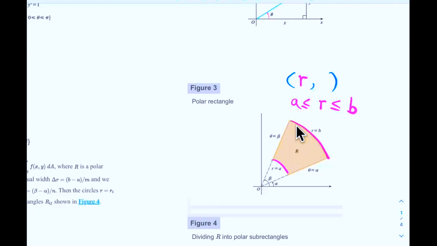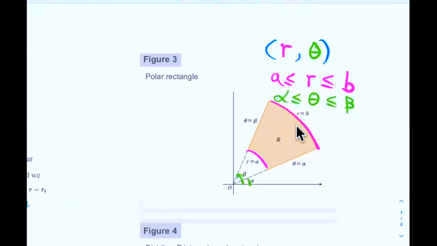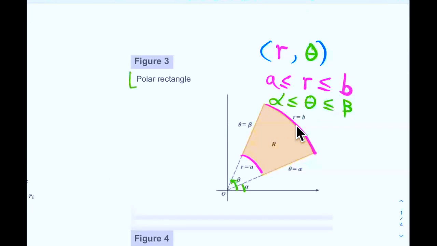The second coordinate is theta, the central angle theta. Theta over here goes from alpha to beta. This angle over here. And this is a polar rectangle. It doesn't look like a rectangle to you, but it is a polar rectangle. The r and theta coordinates are bounded by constants.